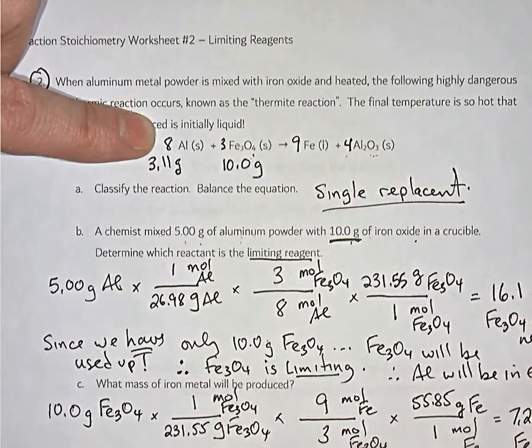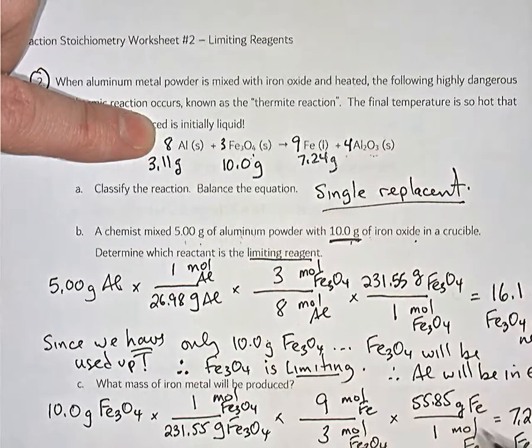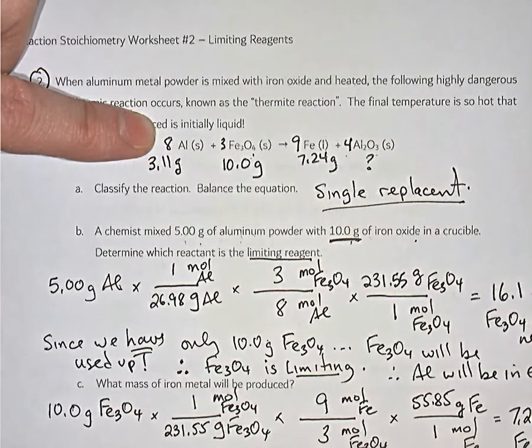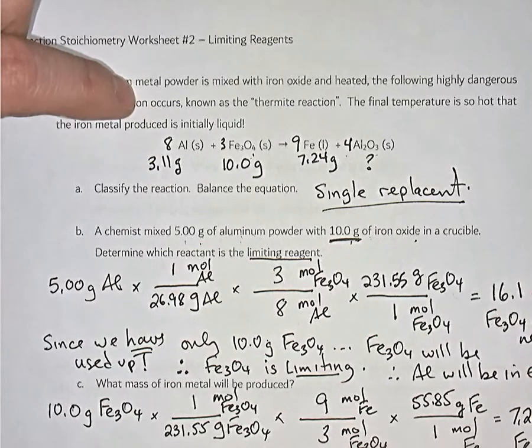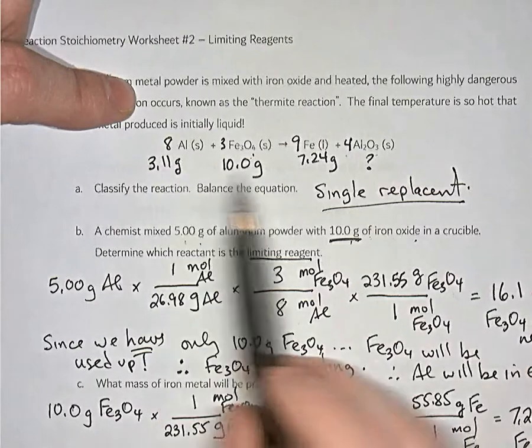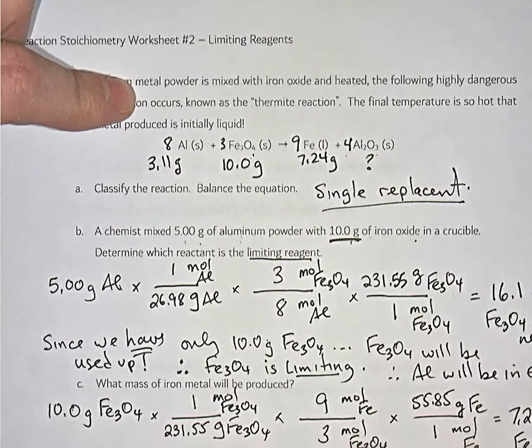We already found that there would be 7.24 grams of iron metal being produced, and the question is, how many grams of aluminum oxide would also be produced? If you realized that of the 4 things in the equation we already know 3 of them, then we can find the 4th one by using just the law of conservation of mass.